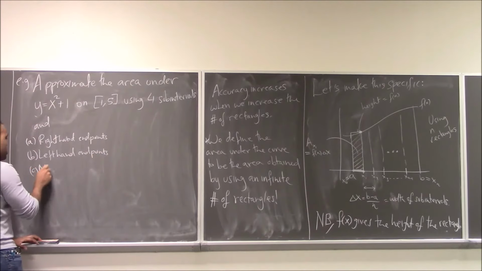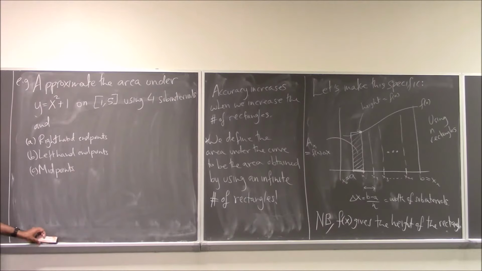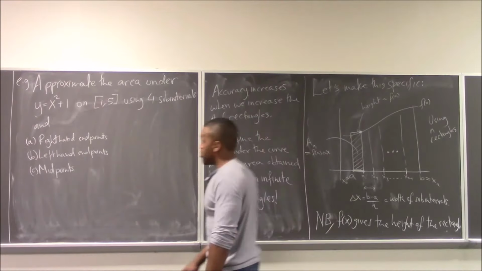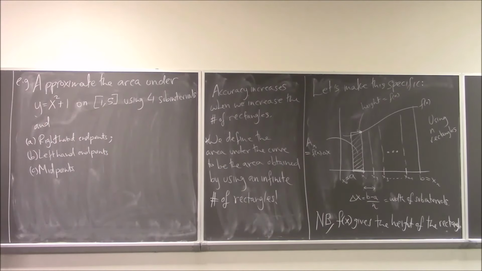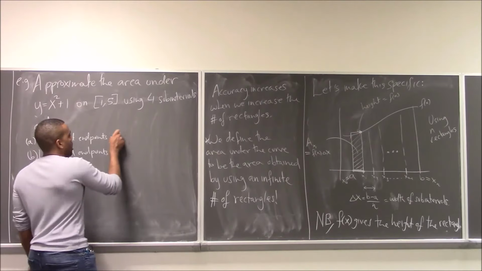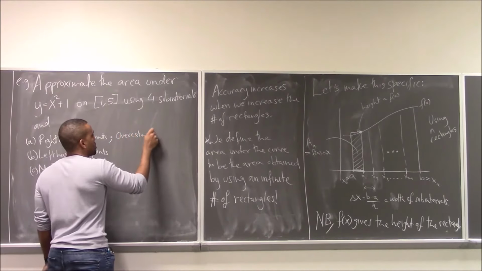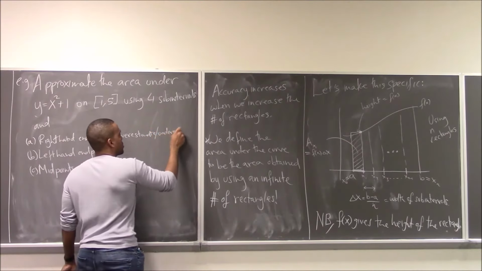C, midpoints. So there will be a problem like that. I'll probably also ask you, maybe if it's obvious, whether something is an overestimate or not. So let's do that in part A.